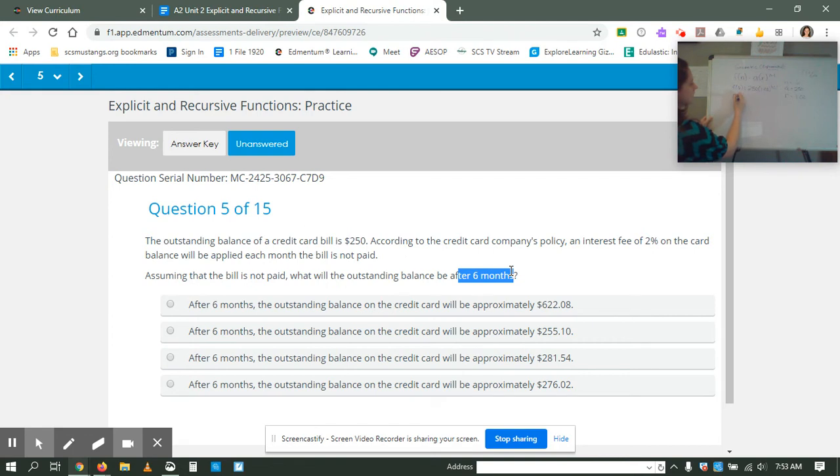So f of 6 is equal to 250 times 1.02 to the 5th power. When you put that in your calculator, you should get $276.07 as the amount that is owed after 6 months. So that's going to be 276.02, my bad. So it's going to be that one right there.